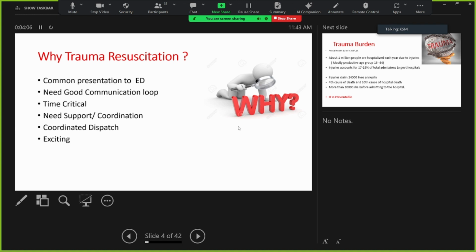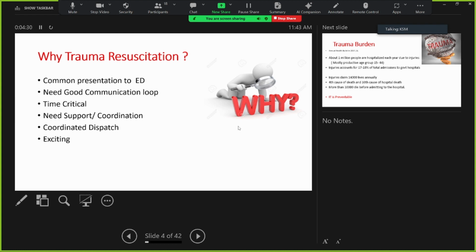When it comes to road traffic accidents, you need to get the information from the site of injury to the hospital, so pre-hospital care is also important. Once we get the patient here, we need to communicate well within the team and outside the team. If we are transferring this patient to another facility, we might have to continue that part as well.